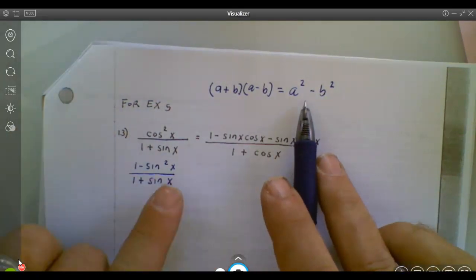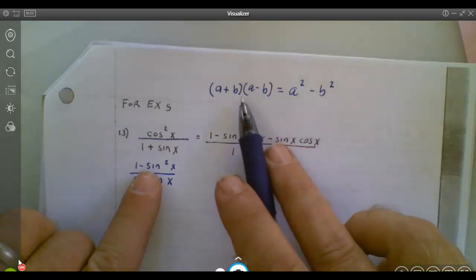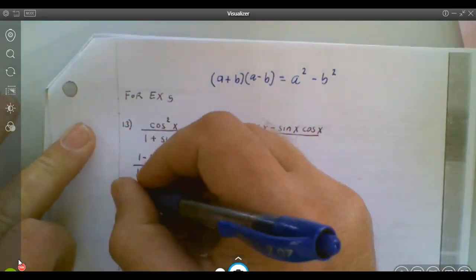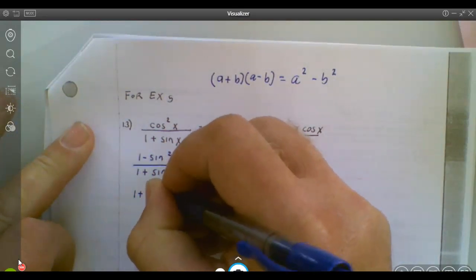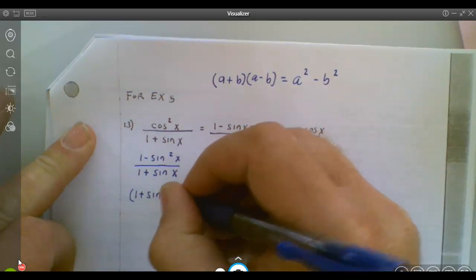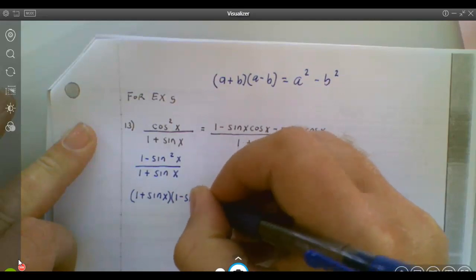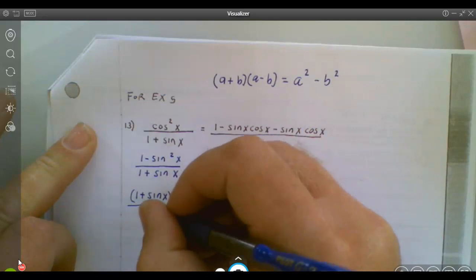Well, in the problem I'm doing now, I have this, and I need to factor it to look like this. So I'm going to factor that top part and say 1 plus sine times 1 minus sine all over 1 plus sine.